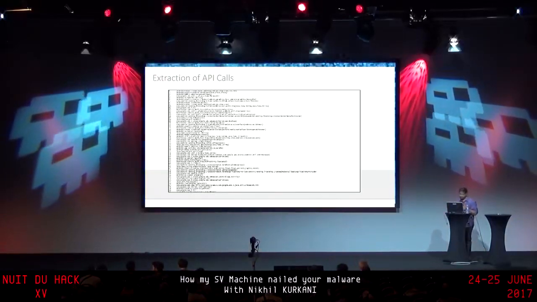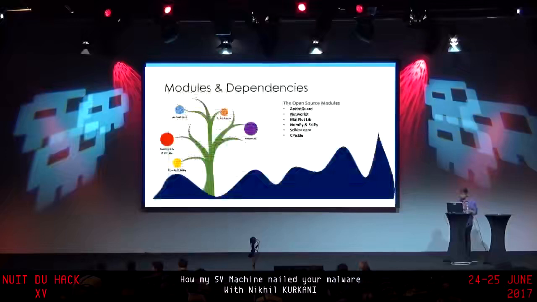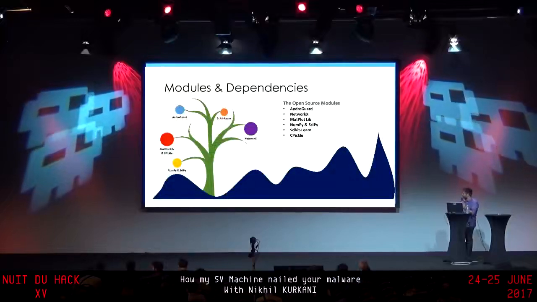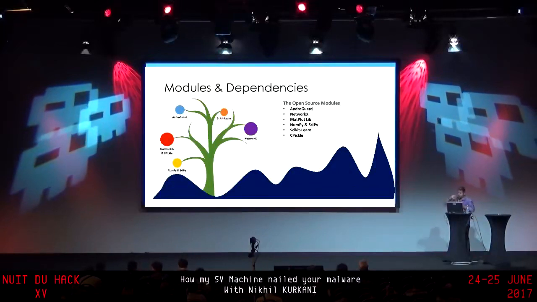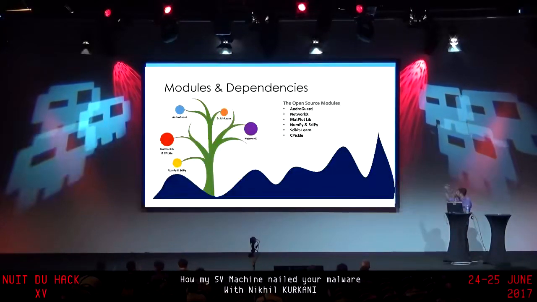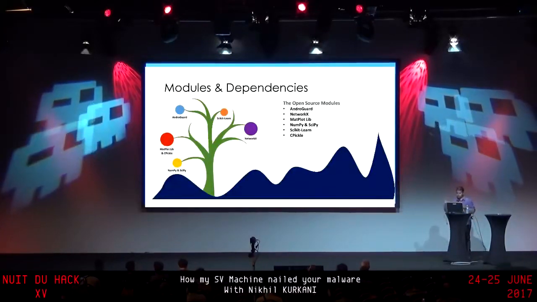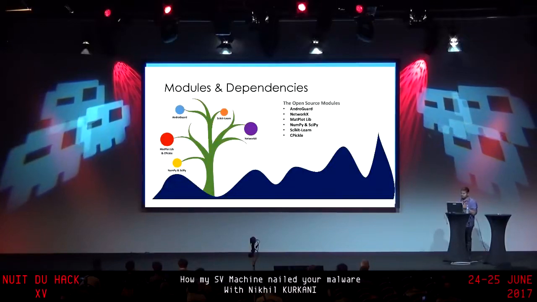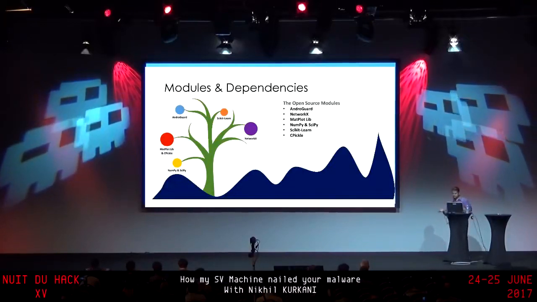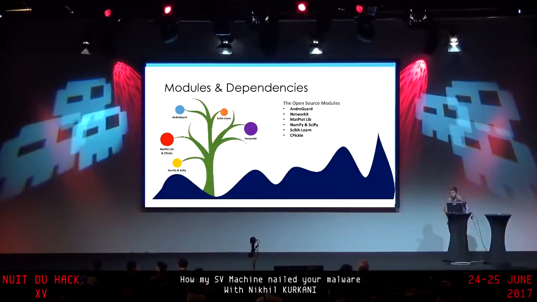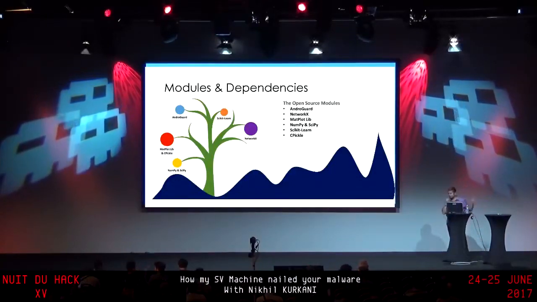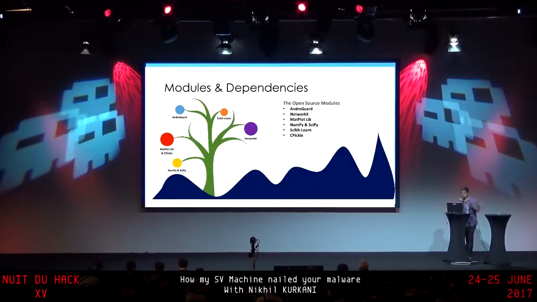So considering all that, let's see the modules and dependencies involved in making this. All of the things that we used were open source. AndroGuard was used for reversing, NetworkX was used to make the graph, and matplotlib was used to plot the final graph from the frequency obtained, or the histogram.